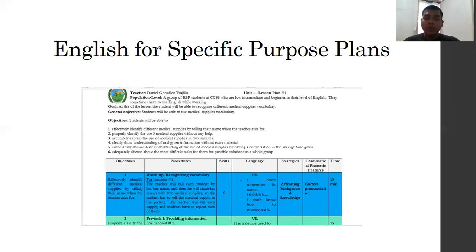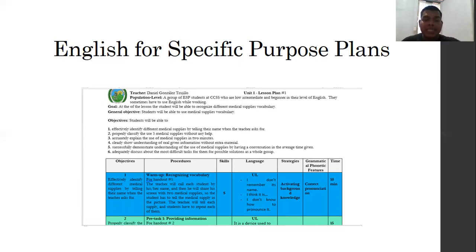So if you go then in the procedure here, you can see the teacher will call each student by his or her name, and then he will share his screen with two medical supplies. So students have to tell the medical supply in the picture.